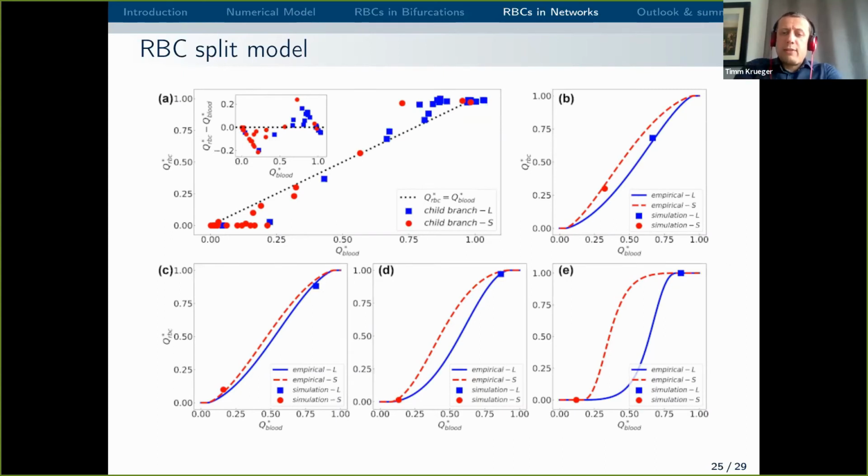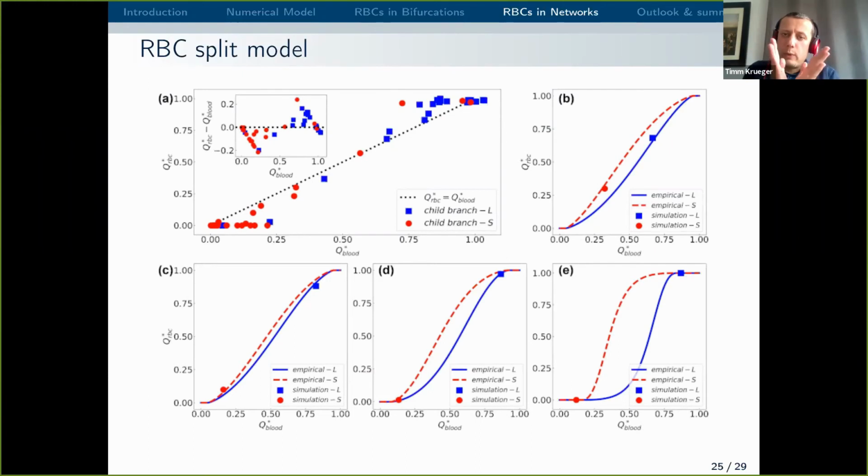So if you look at the x-axis, Q blood star, it gives you the ratio of blood coming from the parent branch going into that child branch. And the maximum is 100%, obviously, right? So you can have between 0% and 100% of the blood going into one given branch, and the second branch will get exactly the balance.